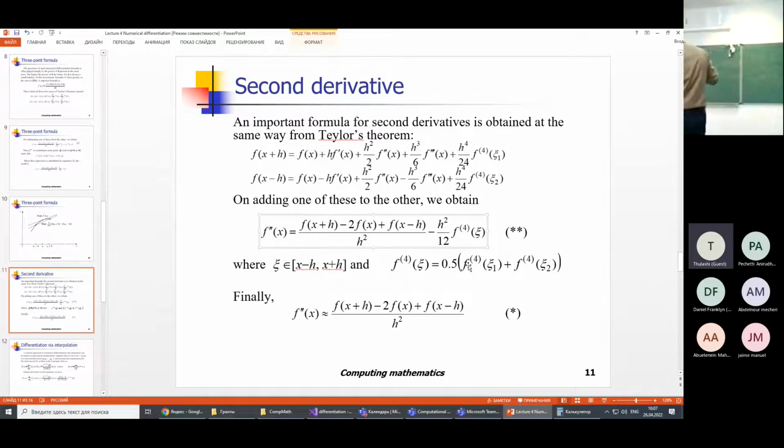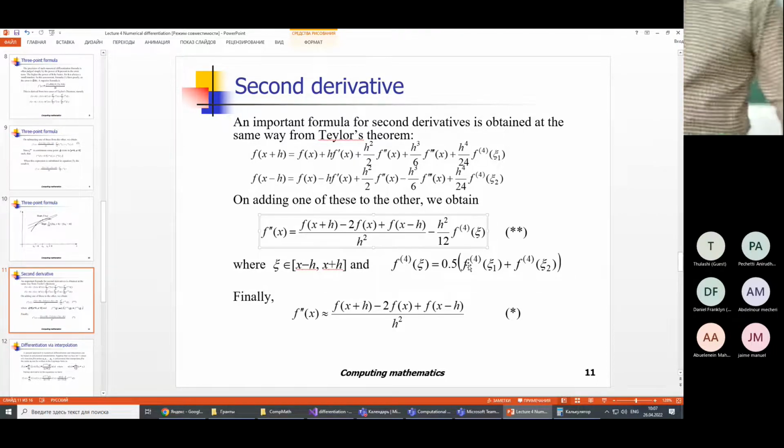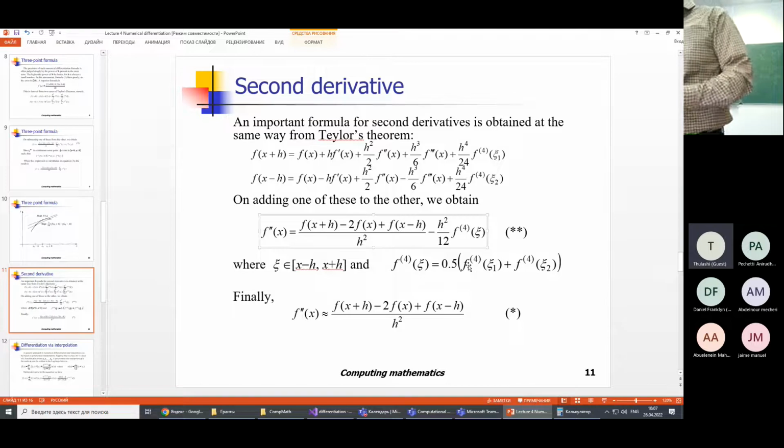It means that this formula for the function e power x never gives us the exact value. It can be closer and closer to the real value when we take the value of h smaller and smaller. But this value will never equal 0.